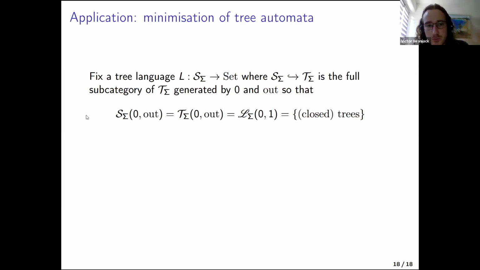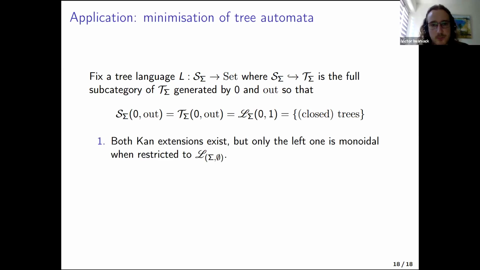And once you choose your tree language, you can see that you're in Set. The category T sigma, sorry, is small, so you can compute the Kan extensions. So both Kan extensions exist, but one subtlety is that the right one is not a tree automaton because it does not restrict to a monoidal functor.